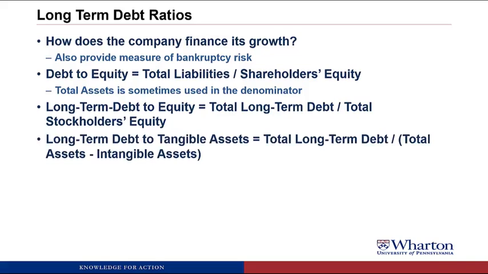And the final ratio is a little tweak on that. It's long-term debt to tangible assets. So total long-term debt divided by total assets minus intangible assets. Intangible assets are things like contractual rights. They're not physical assets. They're not property, plant, and equipment. So essentially, we're trying to get a measure of things like property, plant, equipment, accounts receivable, inventory.